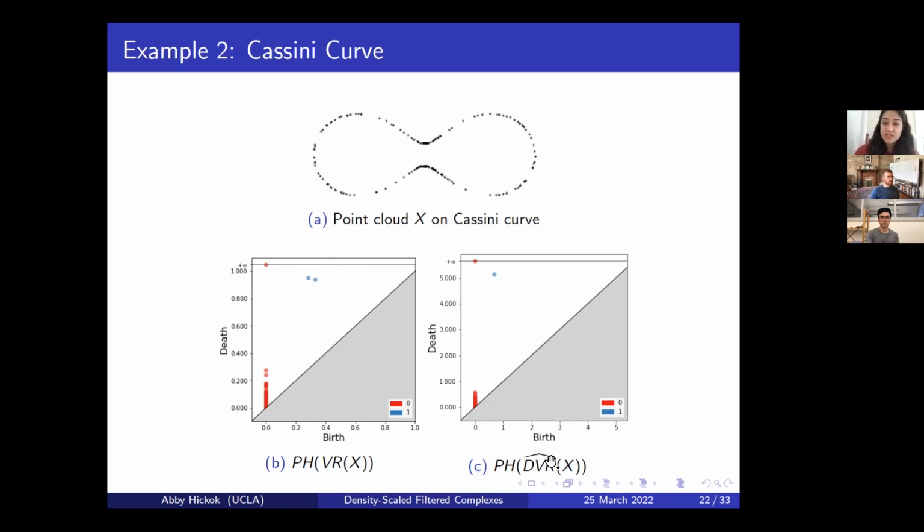Whereas the density scaled Rips complex really can see that this is just one 1D homology class, just one closed loop. And this correctly corresponds to the actual topology of the Cassini curve, whereas the one from the Rips complex does not reflect the actual topology.